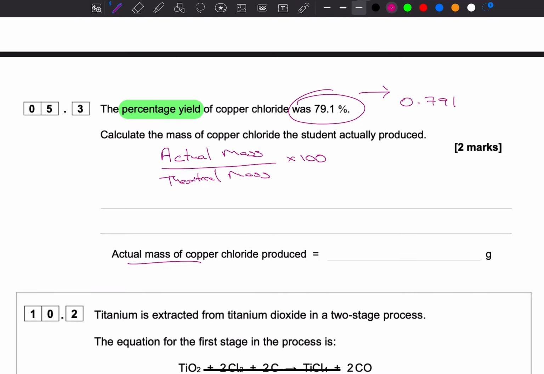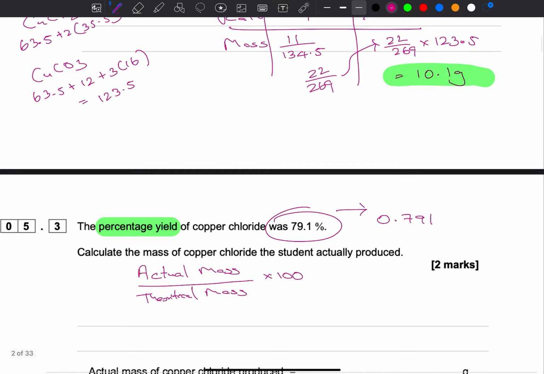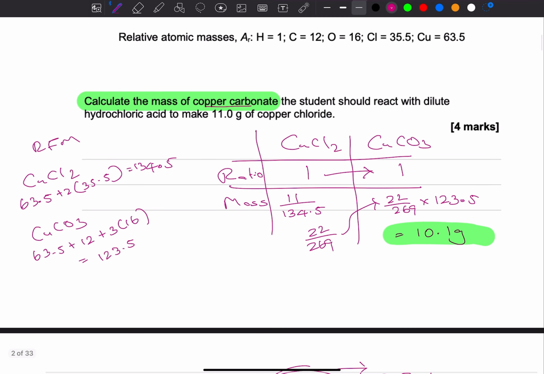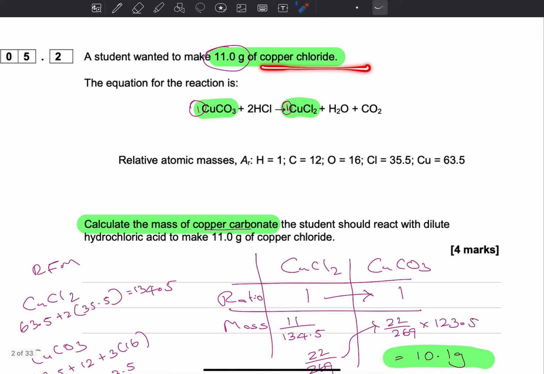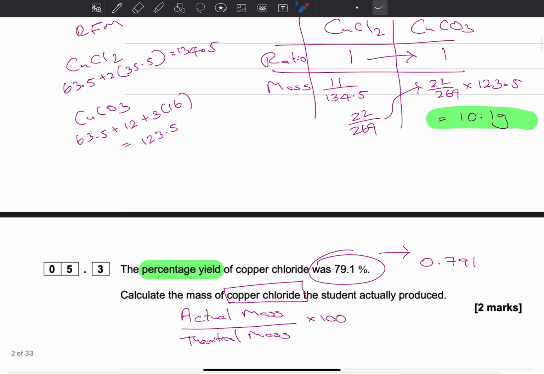Your theoretical mass is of copper chloride, not this number. A lot of people think it's a continuation question and that it's copper carbonate. No, the theoretical mass is of copper chloride, which is 11 grams. Don't use this number just because we worked it out before. They want copper chloride.